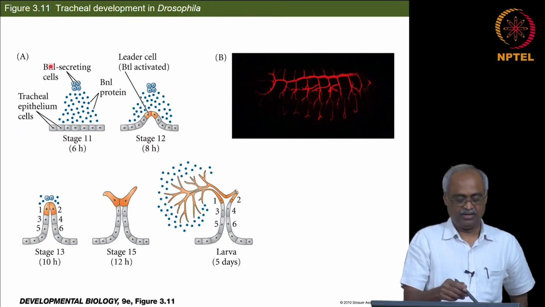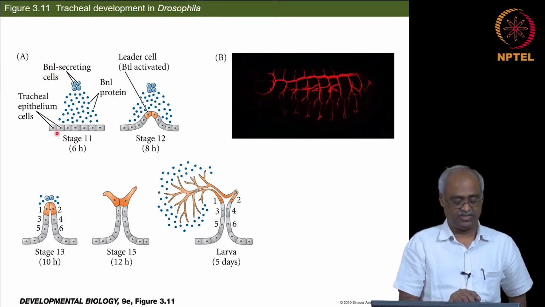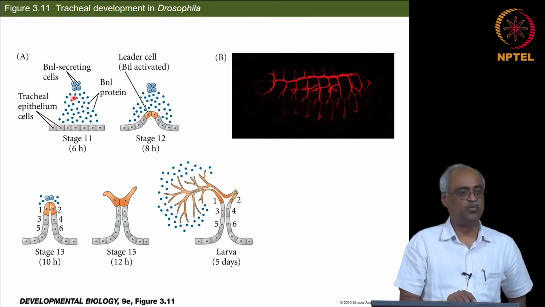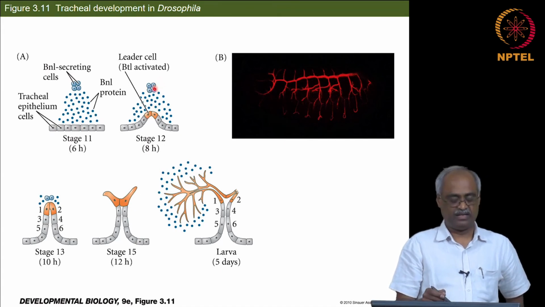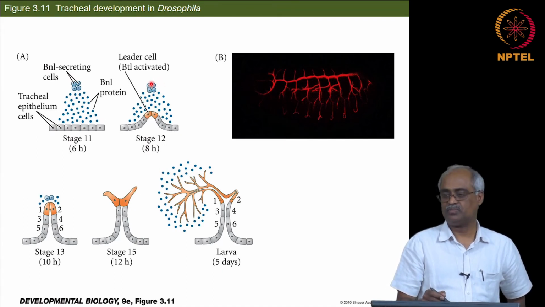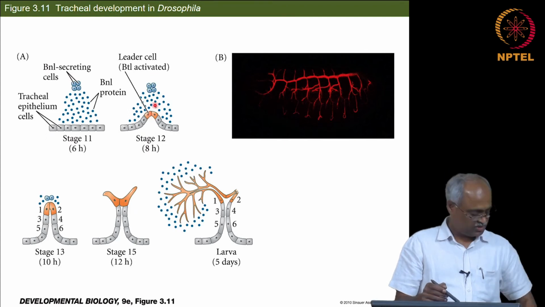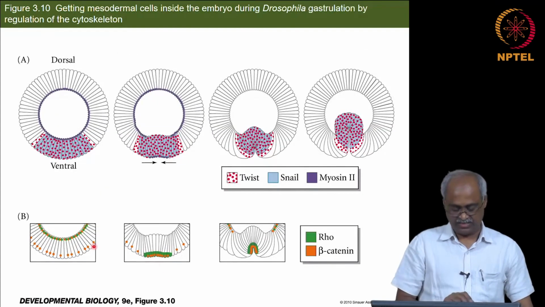So branchless is secreted by the cells surrounding this sac-like structure which is called the tracheal epithelium, and one leading cell will start to move towards the cells secreting the branchless, and that branchless is what leads to this reorganization from here to here.